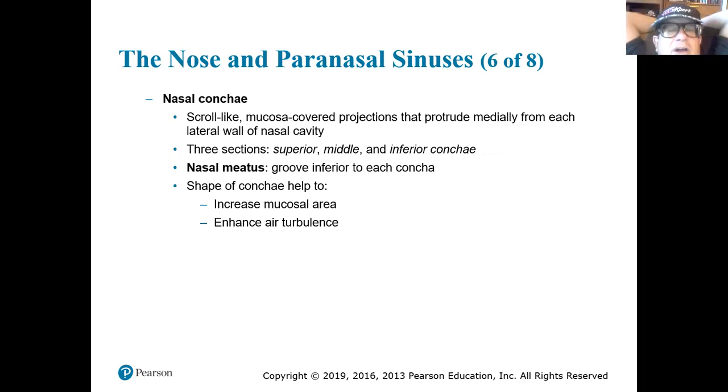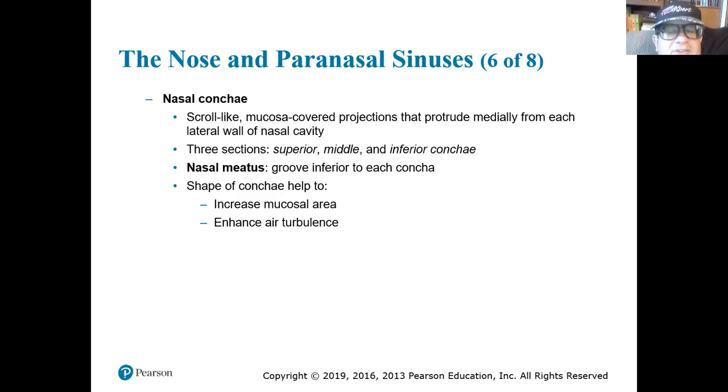So the nasal conchae are these scroll-like mucus-covered projections of bone that protrude medially from each lateral wall. What they're saying is, say, here's my nose, here's the septum down the middle. These conchae grow from the sides towards the middle and then spiral. You've got three parts. We just looked at the pretty picture: superior, middle, inferior.